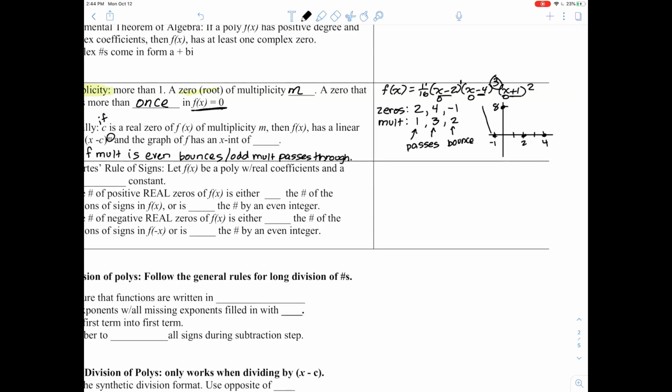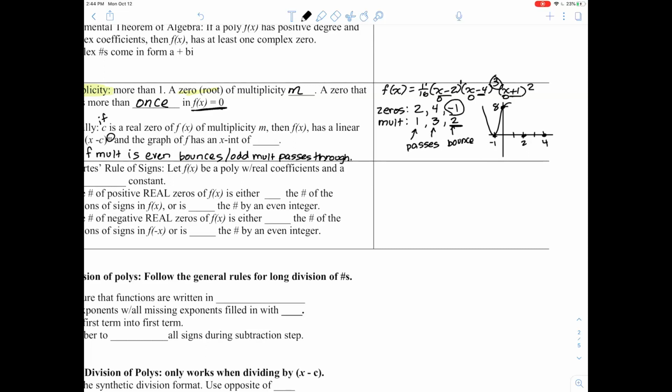It goes like this, and then it bounces off the -1 because it has a multiplicity of 2. So it starts positive, and then it hits -1, and then it goes back up to positive because of that even multiplicity.